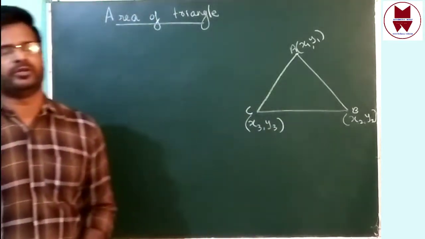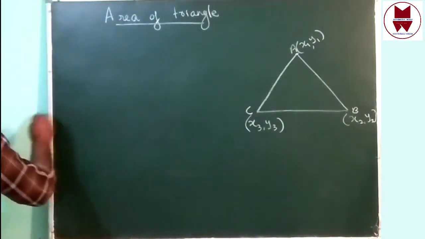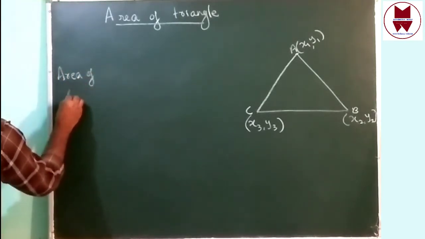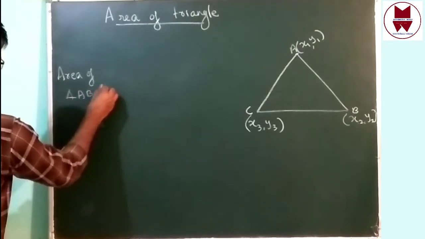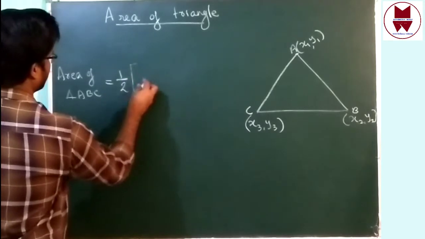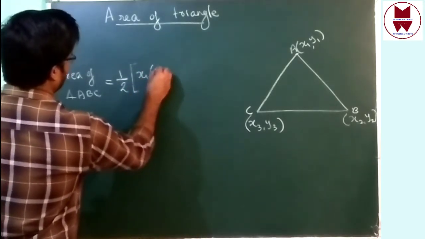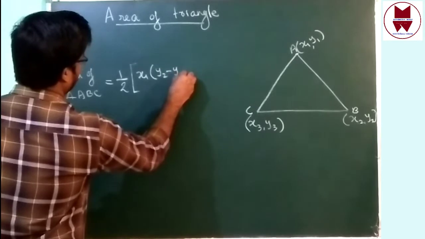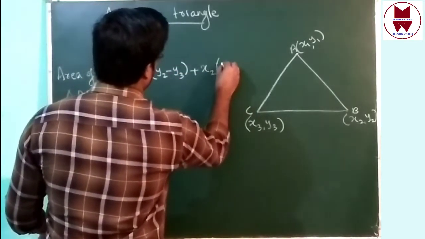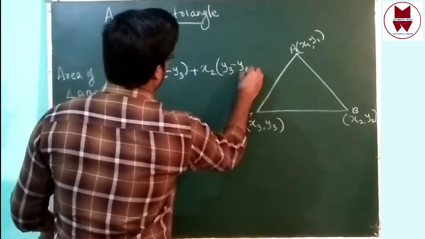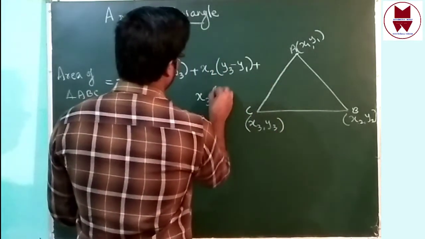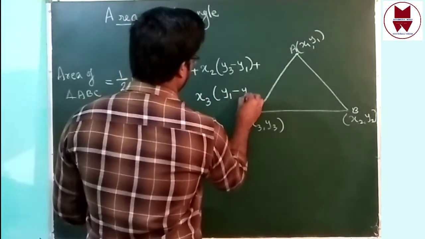Then at that time we will use one formula. That formula is: area of triangle ABC equal to 1 by 2 into x1 (y2 minus y3) plus x2 (y3 minus y1) plus x3 (y1 minus y2).